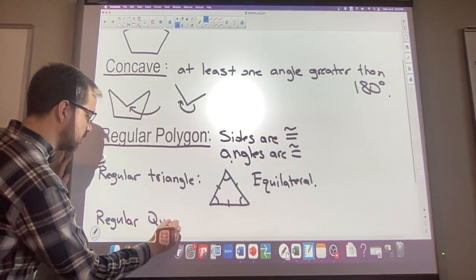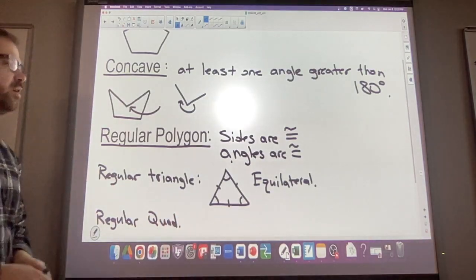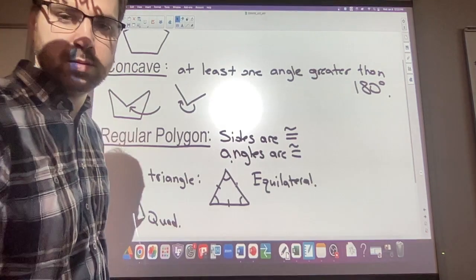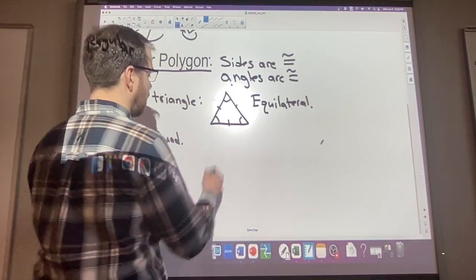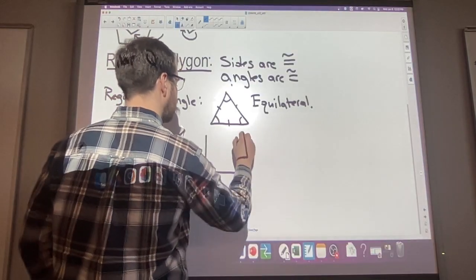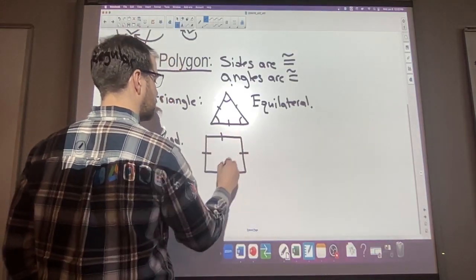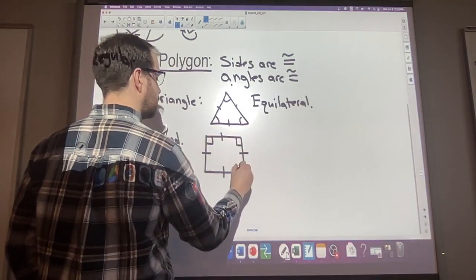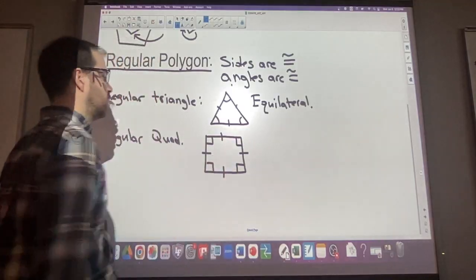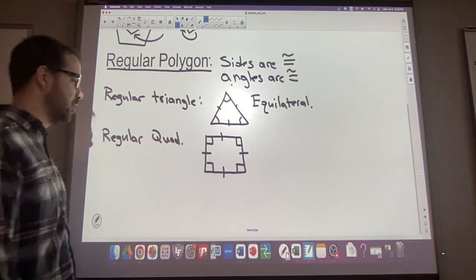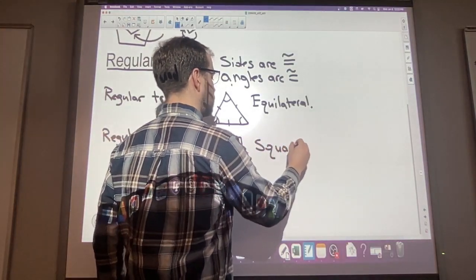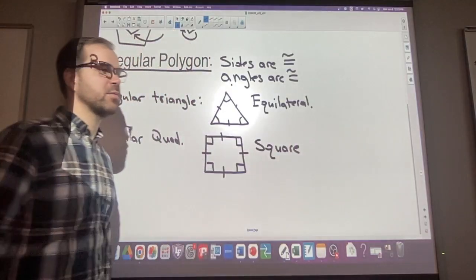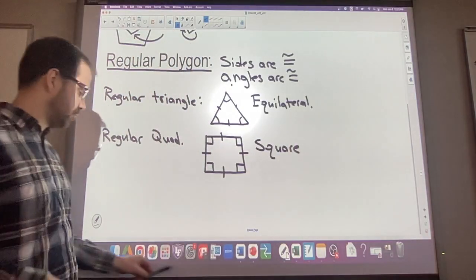What about a regular quadrilateral? We also have a word for this. So let's draw a regular quadrilateral. All the sides are the same, all the angles are the same. What do we call that? Well, if all the sides and angles are the same, it's just called a square. You do say quadrilateral, we have a more specific word, square.